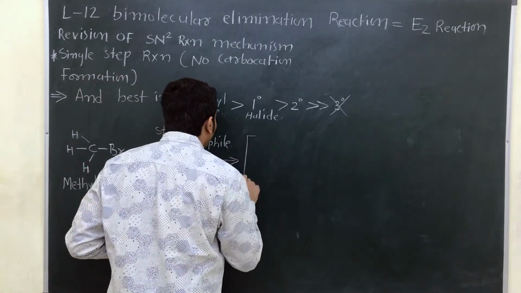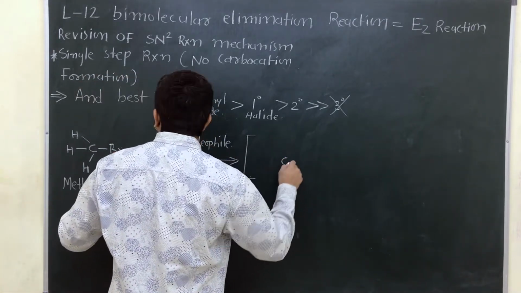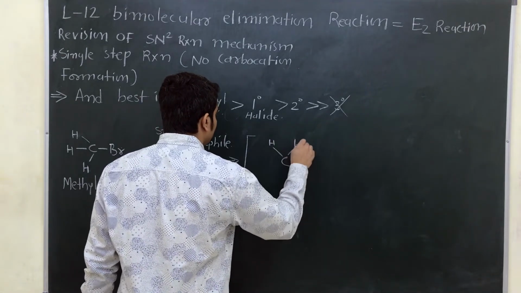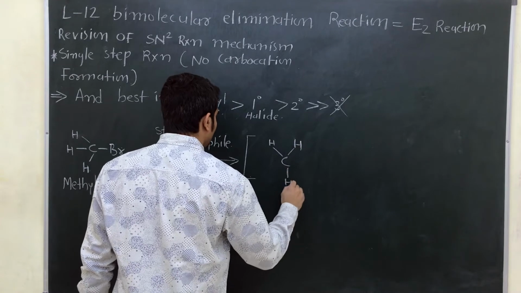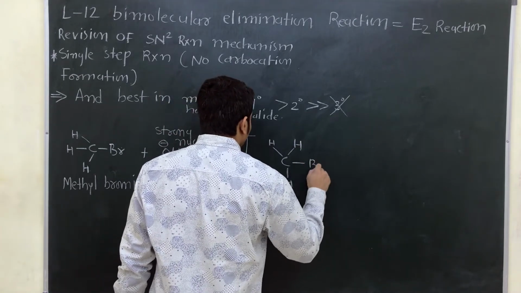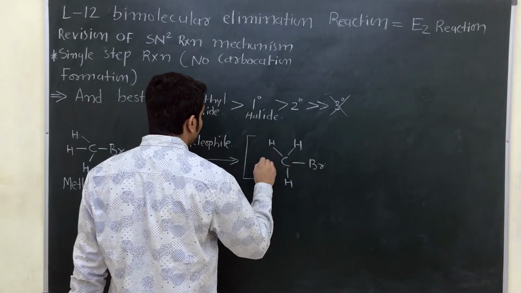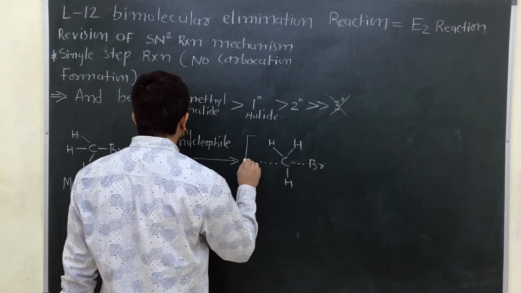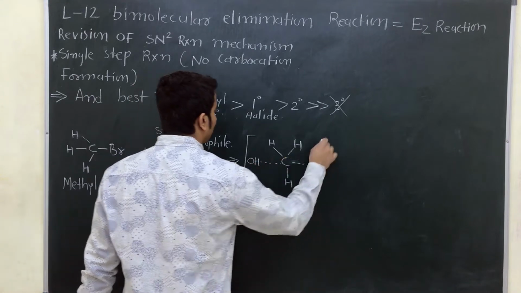First, there is a complex pentavalent intermediate with C in the center. The old bond, and that is a new bond. Clear?